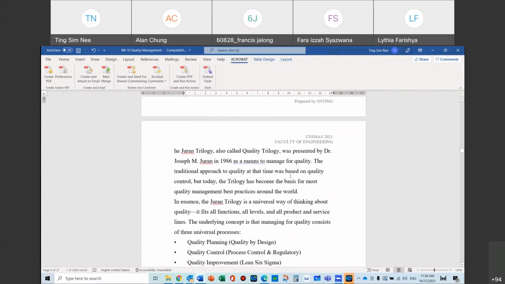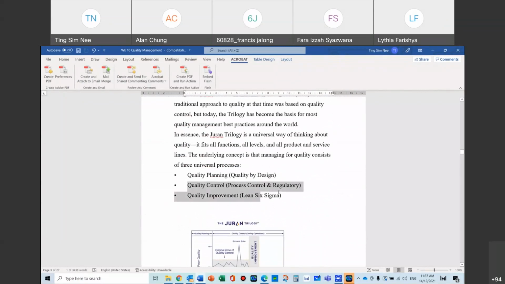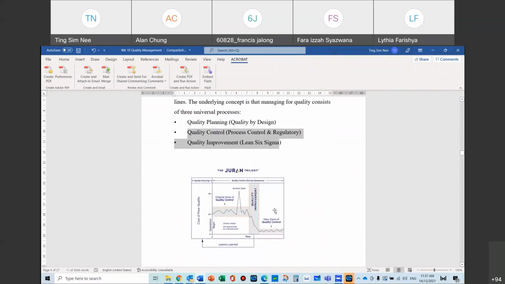So Juran talks about quality control improvement. It means that even if you want to control quality, if it's within a certain region, then the cost will probably be fixed at a certain region.